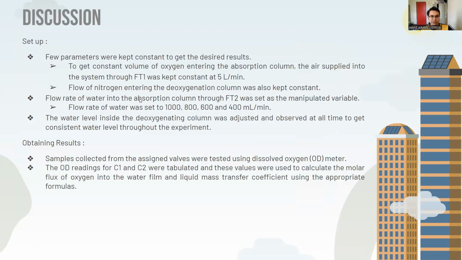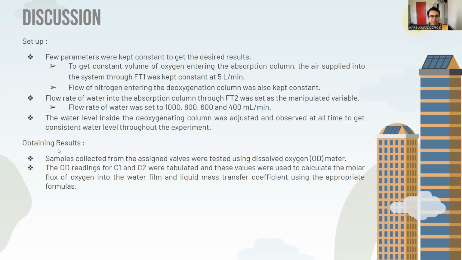Flow rate of water into the absorption column through SB2 was set as the manipulated variable. The flow rate of water was set to 1,800, 600, and 400 ml per minute. The water level inside the deoxygenated column was adjusted and observed at all times to get a consistent water level throughout the experiment to get consistent results.